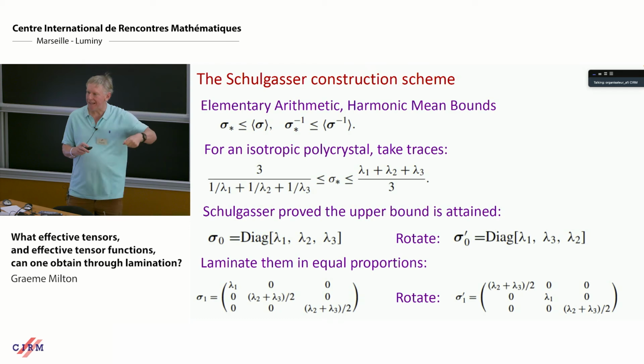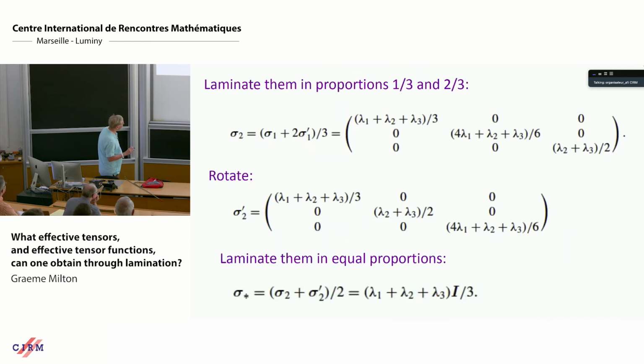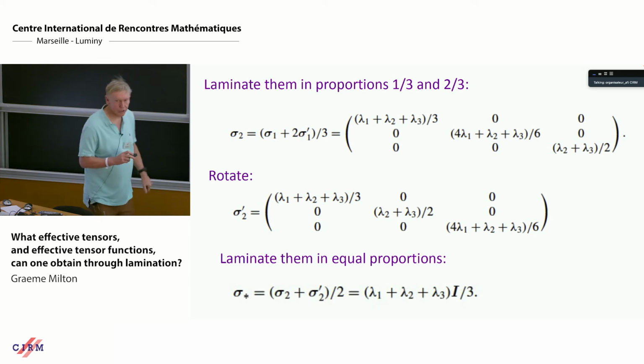And you just repeat this process. First you mix the two in that direction in equal proportions, and you get an average of those two, and then you just repeat it a couple more times until you get what you want.